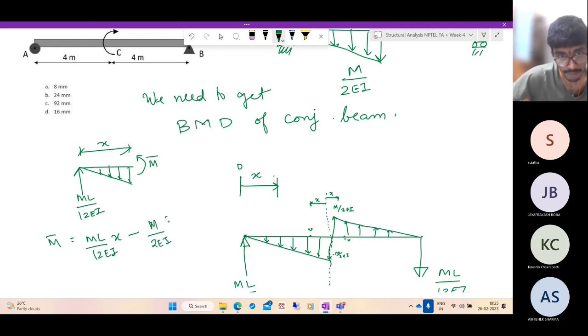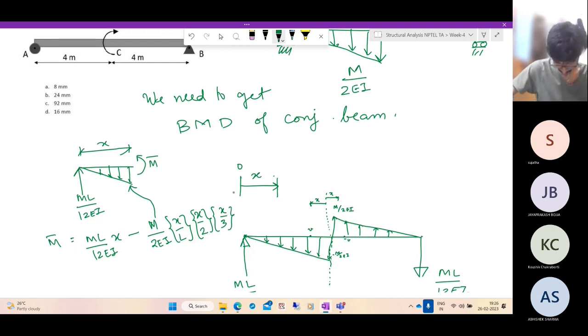M by 2EI x by L. So that is this value acting over x. We should take half of it and acting at a distance x by 3. So again, what do you get? You get ML by 12EI into, so this is 3, 2 2s are 4, 4 3s are 12, so x minus x cube. So you can't take L commonly out. If you take L square commonly out, you get x by L minus x cube by L cube.